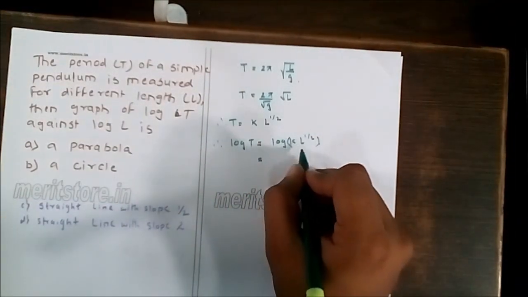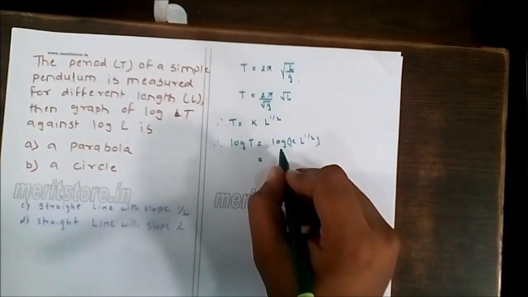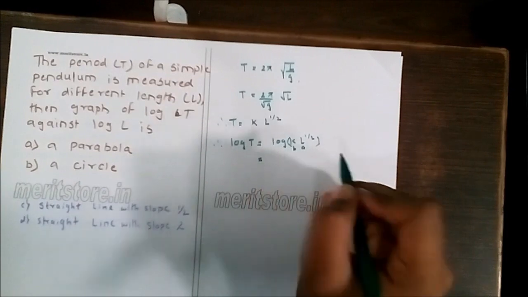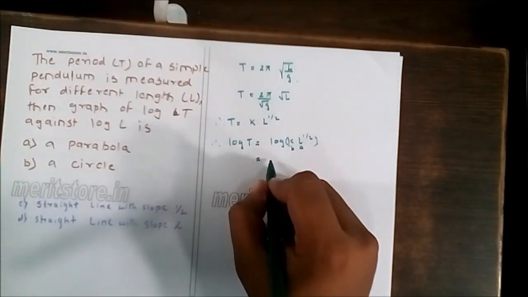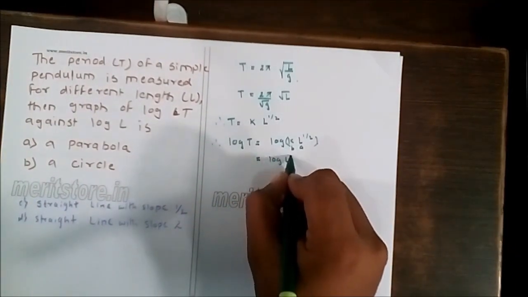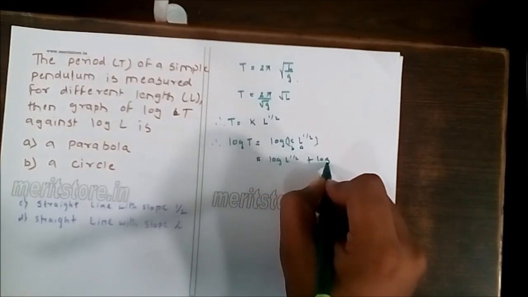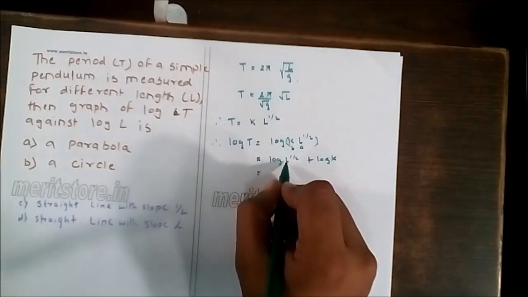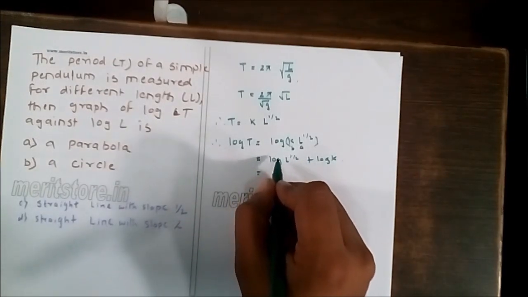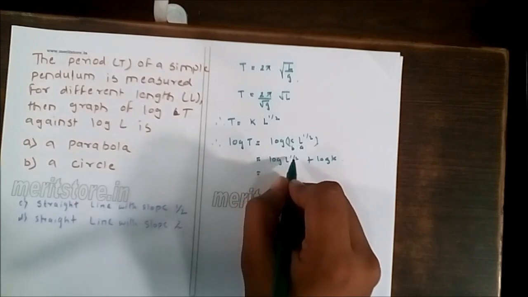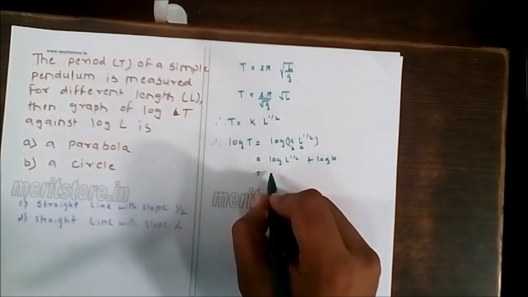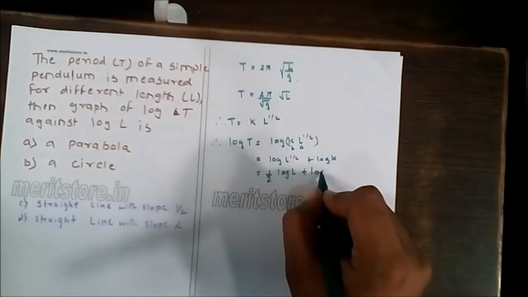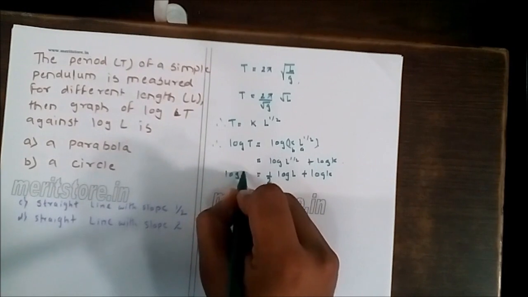I can say log of a into b is log a plus log b, so I have log of L raised to half plus log of K. Log of a raised to m is m log a. So this is half log L plus log K, and this is log T.